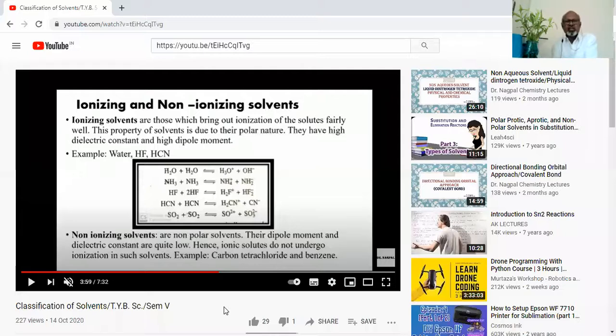So these are some examples where the solvents show ionizing as well as non-ionizing characteristics. So this is how we have seen the types of solvents.